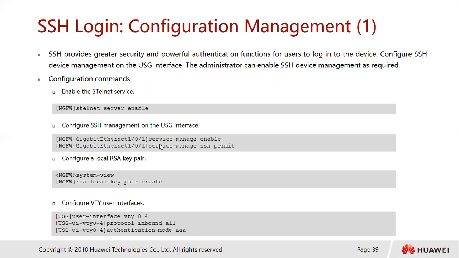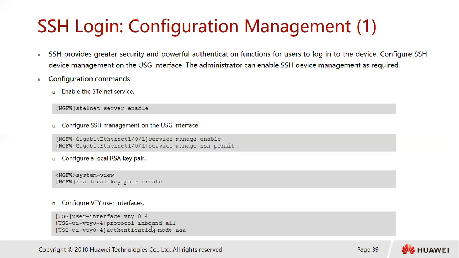Okay, and then you configure service management enable, service management SSH permit, and of course you're supposed to create the key with this command, RSA, the type of the algorithm that is going to be used, followed by this command, local key pair, and then create.